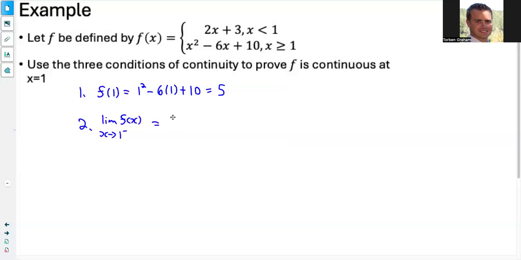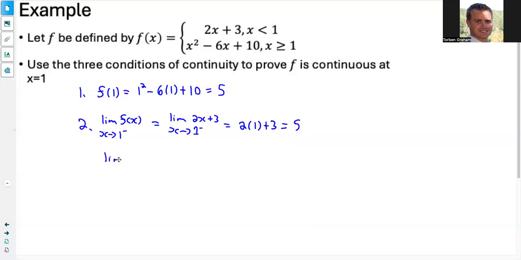So we're looking for our limit of 2x plus 3 when x is approaching 1 from the negative side. Now, because this is just a polynomial function, we can just substitute our 1 directly in for it. So this would be 2 times 1 plus 3, which gives us 5.